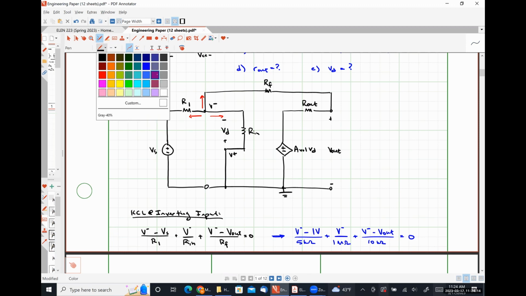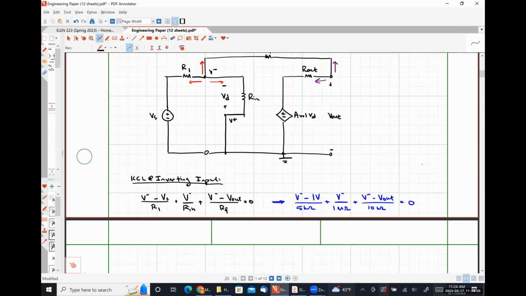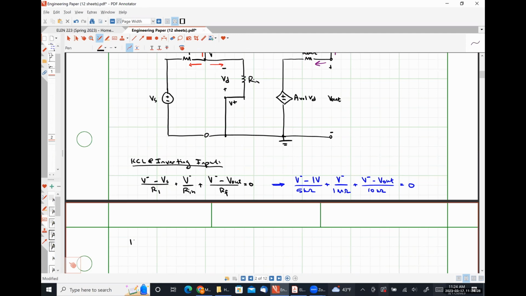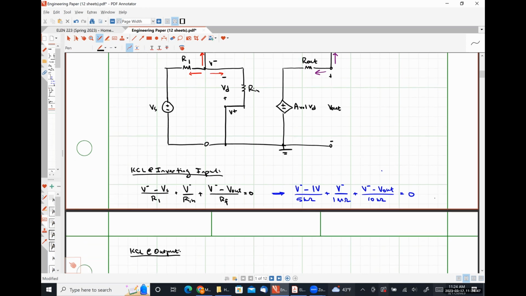Now I'm going to apply Kirchhoff's current law at my output node. So I'm just going to add those two currents together that I designated in purple. So my current flowing to the left is going to be (V out minus AVOL times VD) over R out.